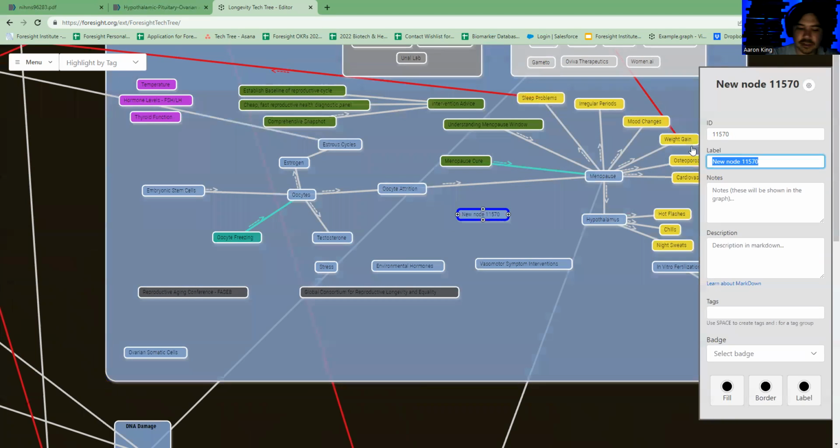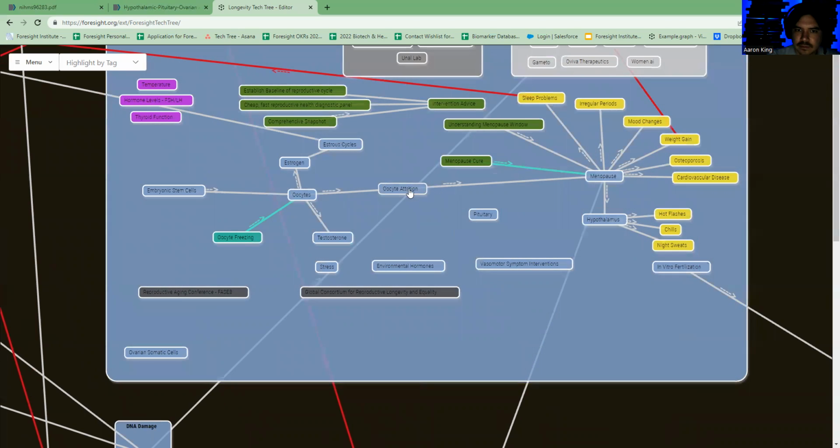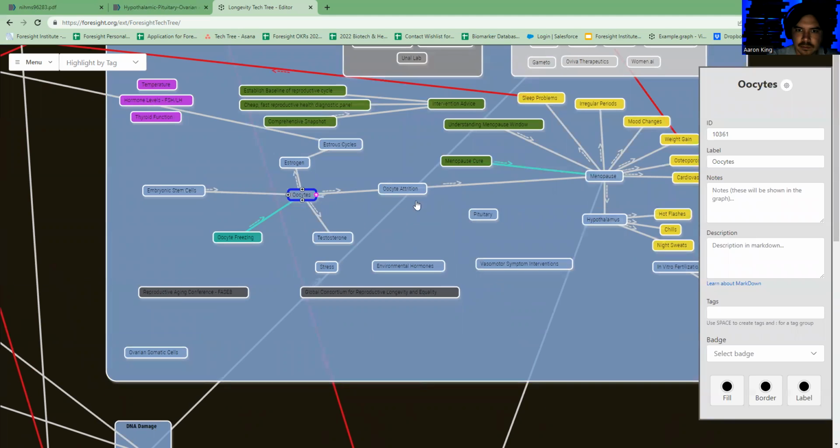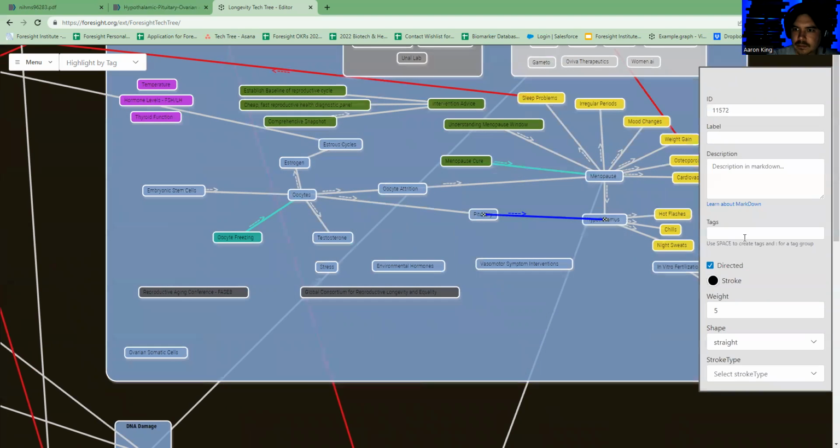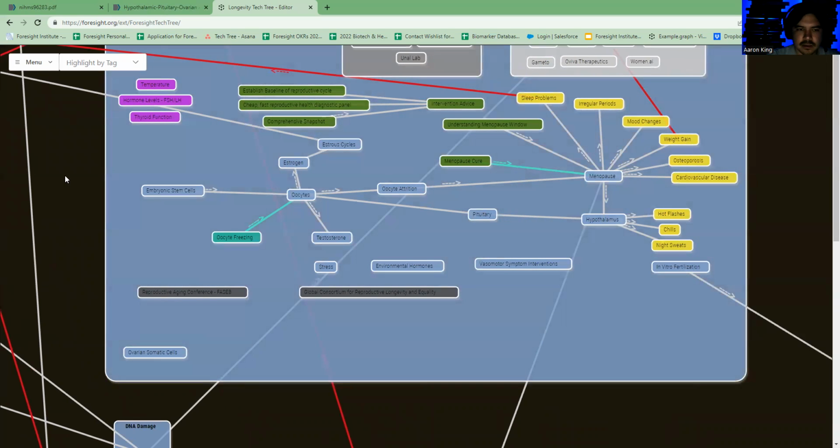Anyway, so there's the pituitary, hypothalamus, and the oocytes.